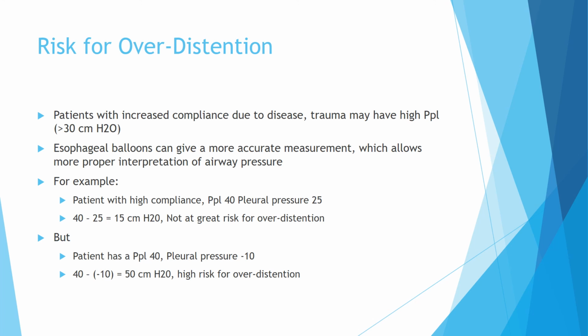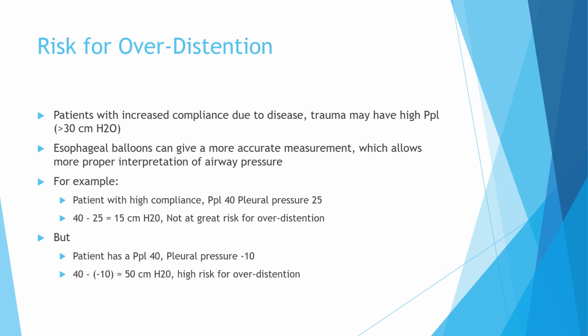So what's going on is a lot of that plateau pressure is due to extrapulmonary causes. So maybe it's abdominal pressure, or they have ascites, or something's going on in their belly that's causing a lot of pressure to push up on their lungs.